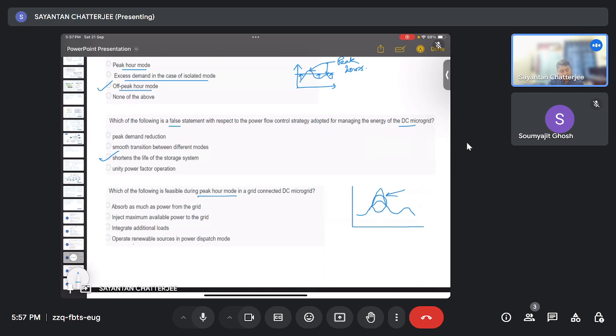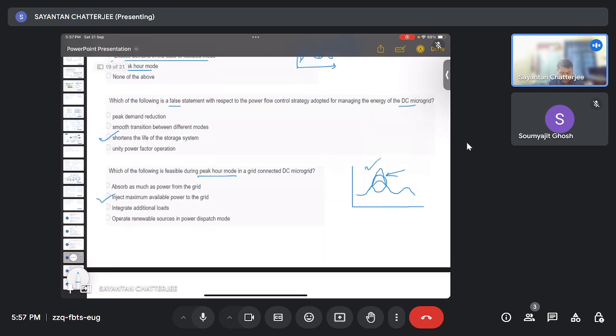Next is integrate additional loads. Similar is the case. Operate renewable sources in power dispatch mode. That's not so. Yes, so inject maximum power available to the grid is feasible. That would reduce the pressure on the grid side.